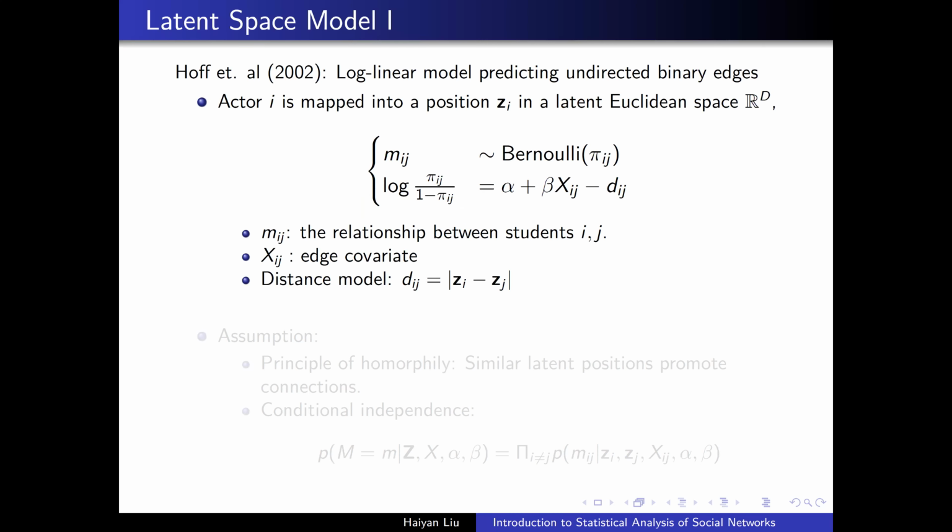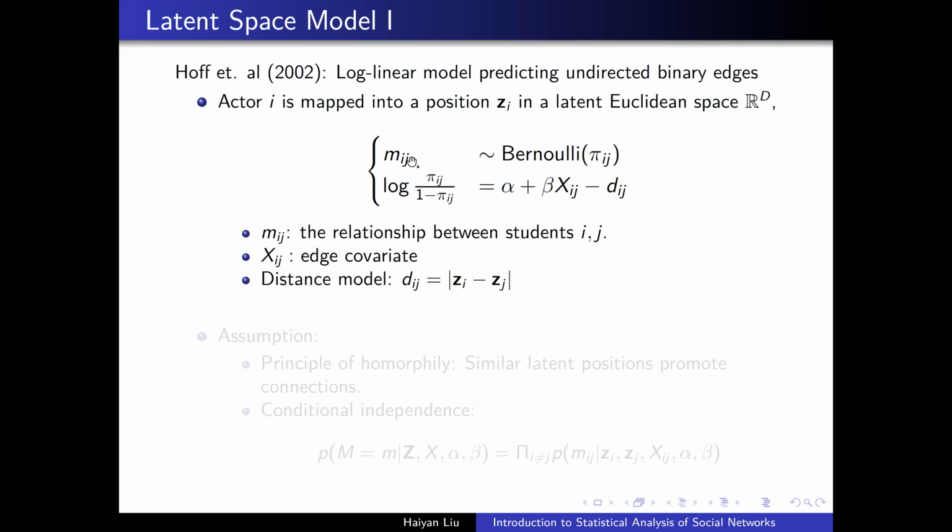Different from the stochastic block model, the latent space model includes covariate information to explain the presence of social relations between two actors. For binary relationships, the latent space model is a log linear model that follows a Bernoulli distribution.